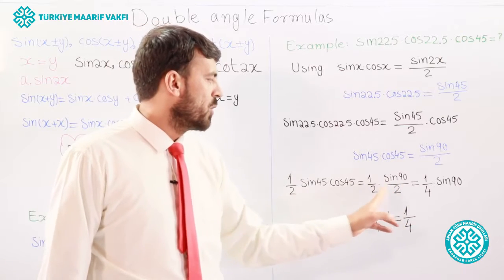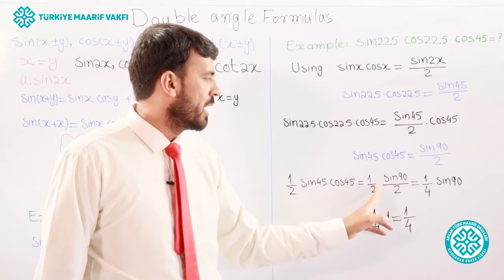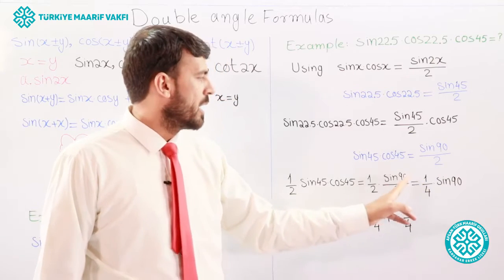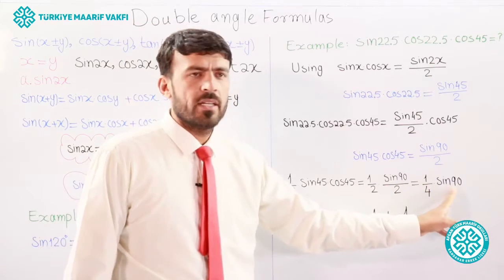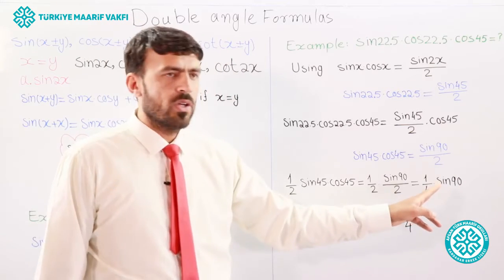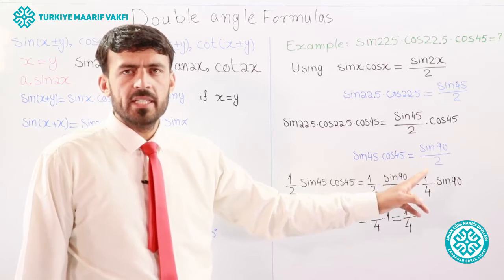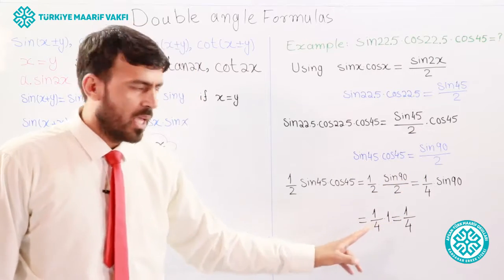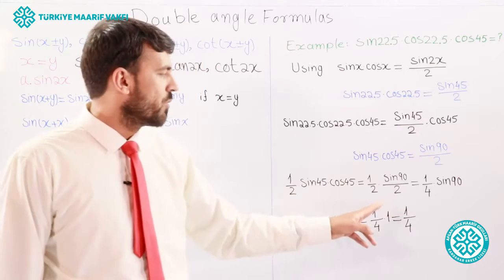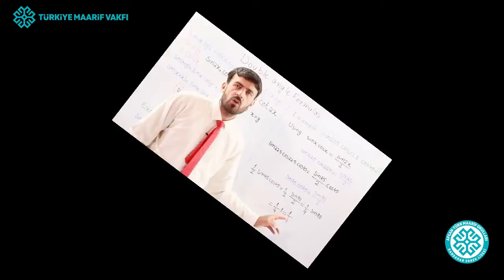If we multiply 1 over 2 by 1 over 2, that will be 1 over 4, multiplied by sine 90 degrees. We know the value of sine 90 degrees is 1. If we multiply 1 over 4 by 1, the answer will be 1 over 4.